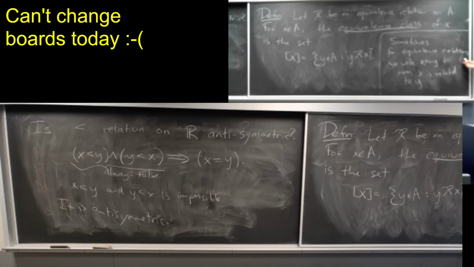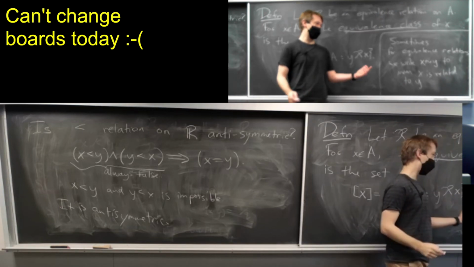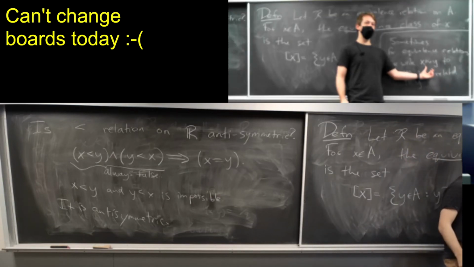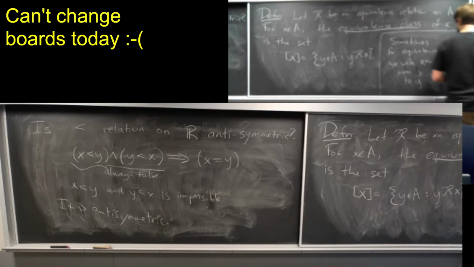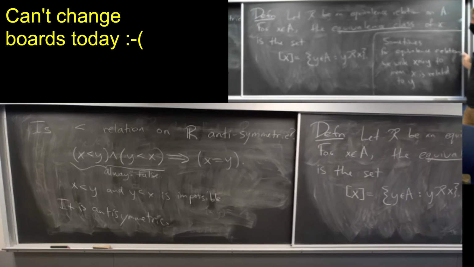It's not relevant here because I haven't written that here, but if you look in the textbook or in the course notes, you might sometimes see them writing x tilde y. You have to understand what it means in the context. There's usually some relation that's being defined. They say that x tilde y if some condition holds. But this just means related. Essentially, you should think of this as putting the R between them. Okay.